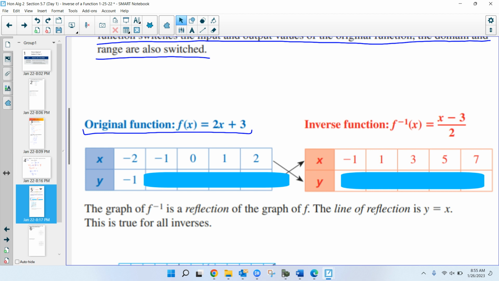What's a point on the inverse function? -1, -2. Why? Because x and y have switched. X and y will switch. Let's plug in on the original graph. Let's plug in -1. 2 times -1 is -2. -2 plus 3 is 1.